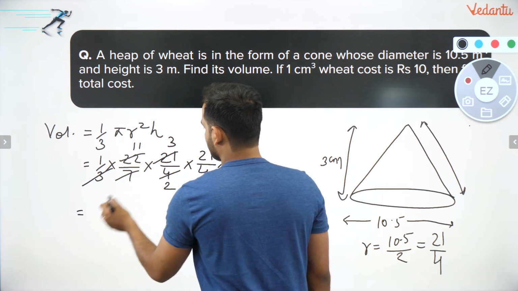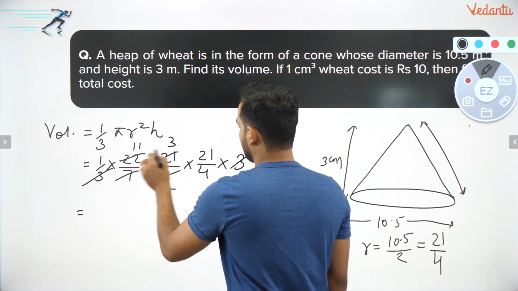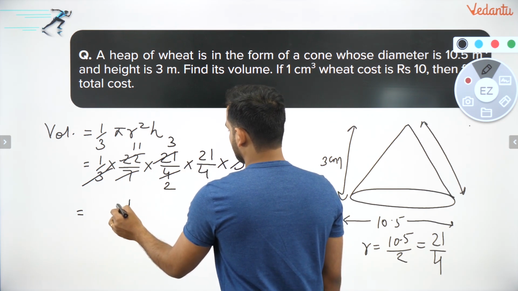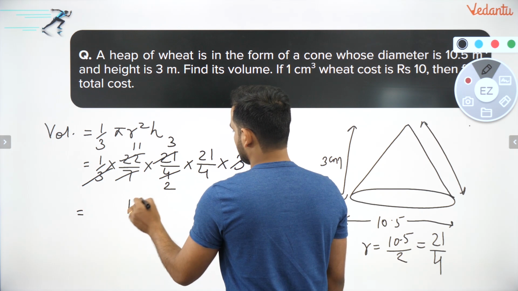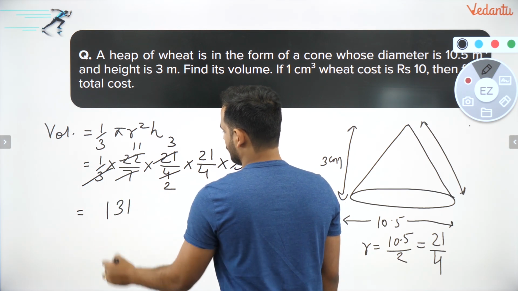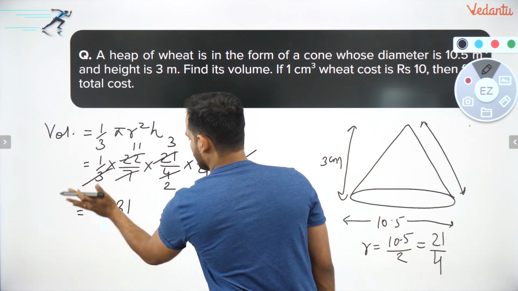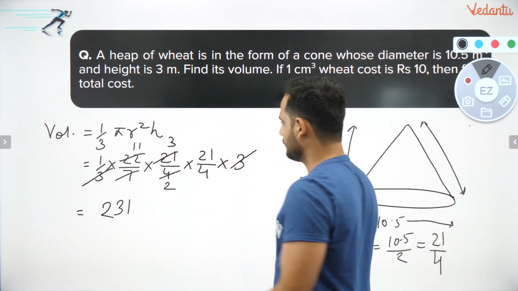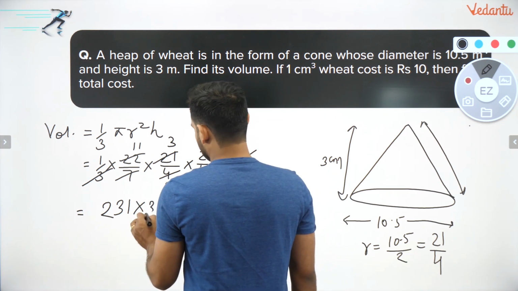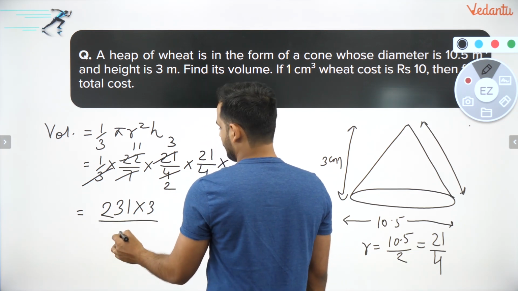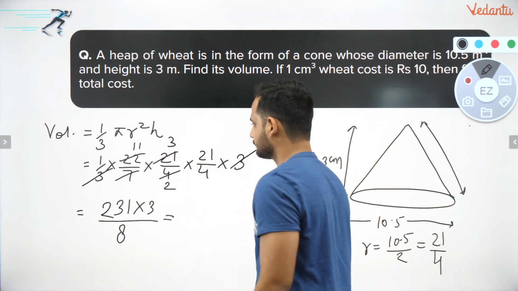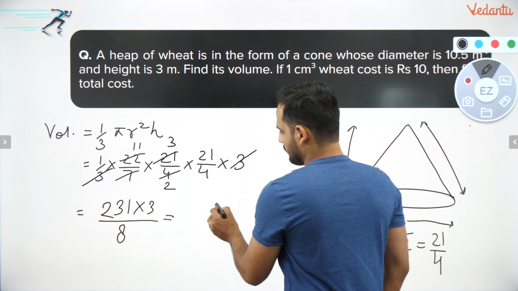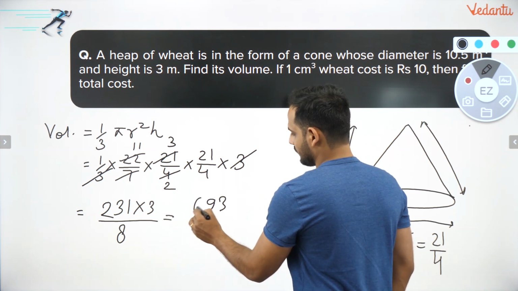So I'll be left with 11 into 21, which is 231, into 3, divided by 2 into 4 which is 8. So it will become 3 3s are 9, 3 6s are 18, upon 8.